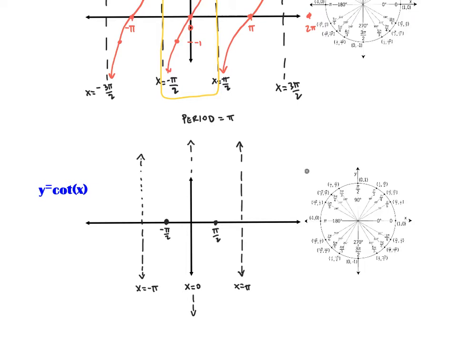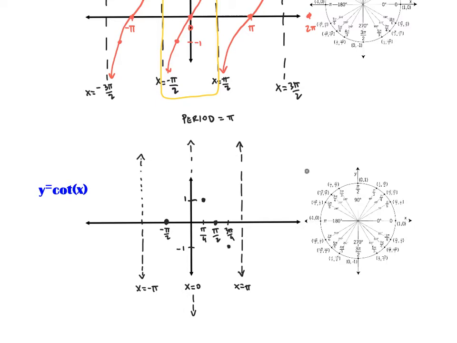Okay, so let's take a look at pi over 4 and negative pi over 4 real quick so we can form this graph. The cotangent of pi over 4 would be positive 1, just like tangent of pi over 4 was 1. And the cotangent of 3 pi over 4, this is pi over 4, this is 3 pi over 4, is going to be negative 1.